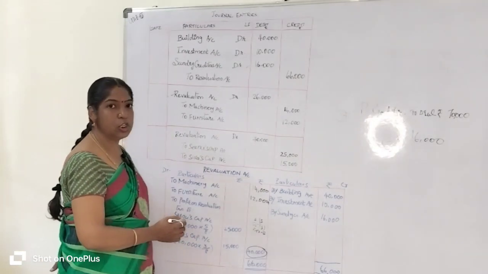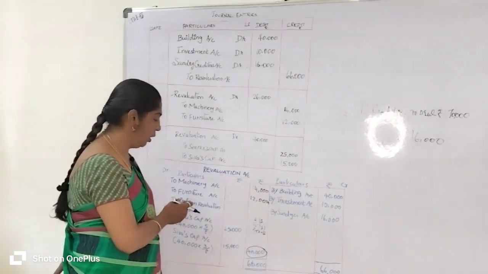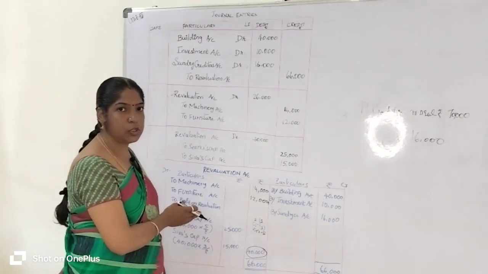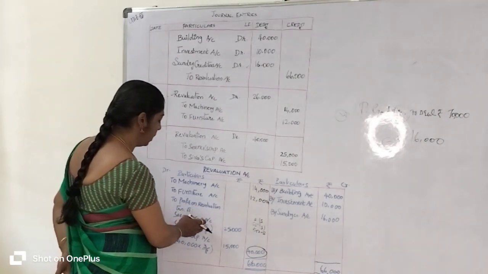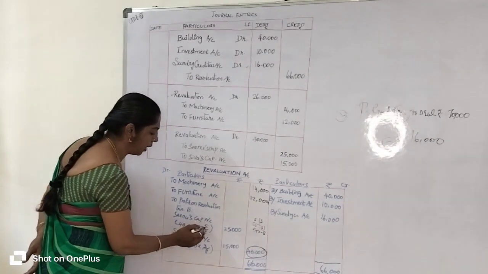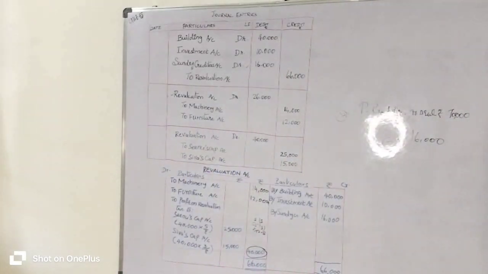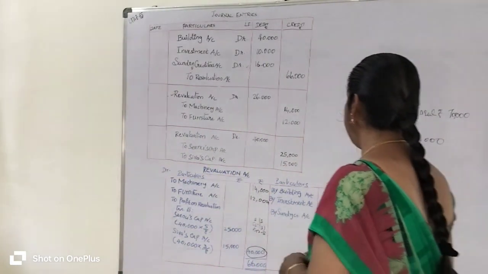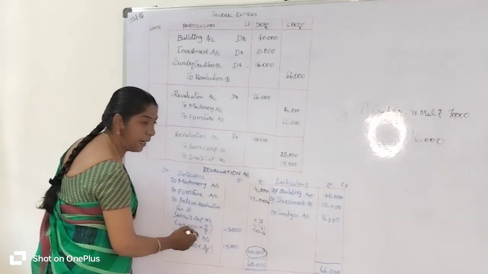First we are going to distribute that 40,000 rupees of profit to Sinu, according to his profit sharing ratio. How much is his ratio? Sinu has 5, so you enter 5 in the numerator and the sum of the ratio in the denominator. The sum of the ratio is 8.